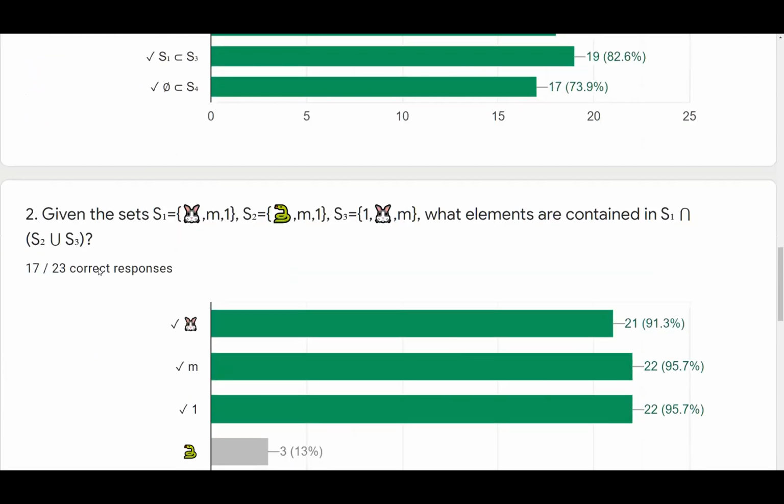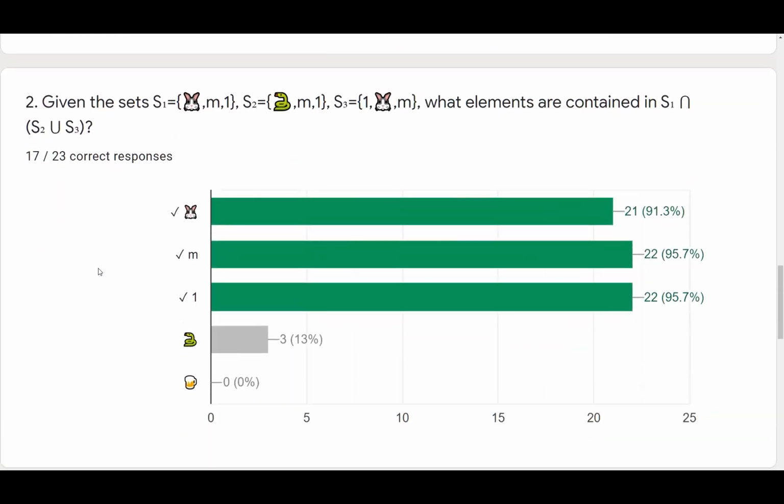So that's not too difficult. You stop me if you have a question. Now, given the sets S1 = {rabbit, M, 1}, S2 = {snake, M, 1}, S3 = {1, rabbit, M}, what elements are contained in S1 intersection (S2 union S3)? So rabbit, M, and 1.